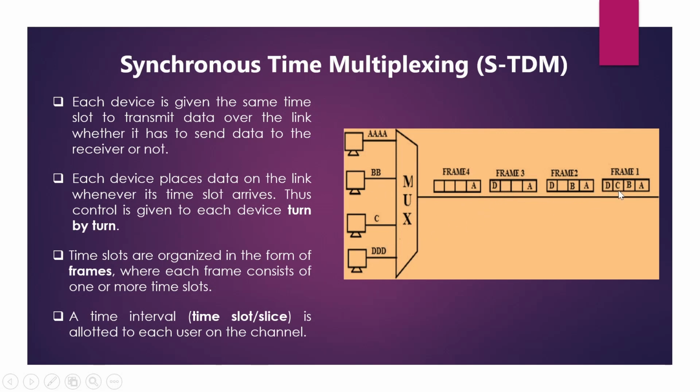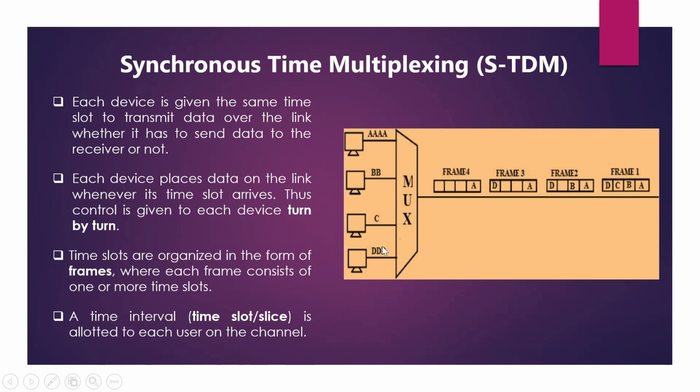So C has used the time slots scarcely. That means only once. Here C is empty, here C is empty, here C is empty, which is kind of a problem with this synchronous time division multiplexing, that your time slots would get wasted if there is no data.